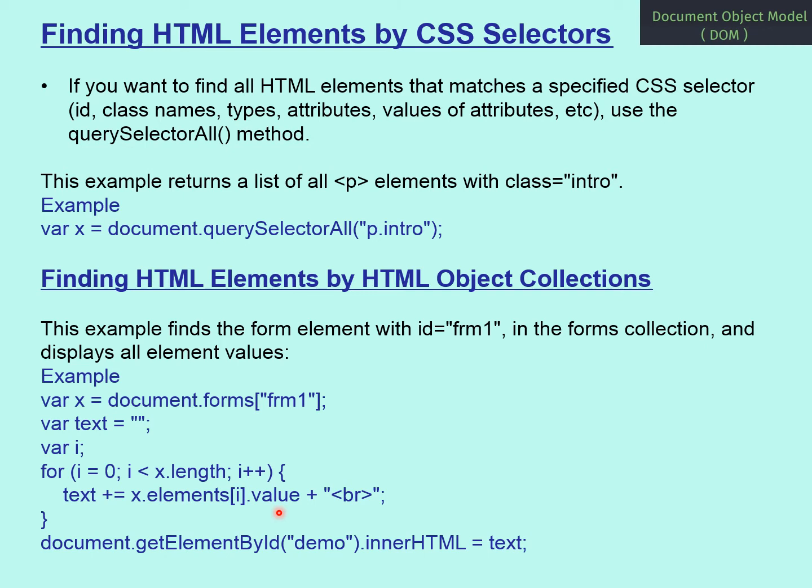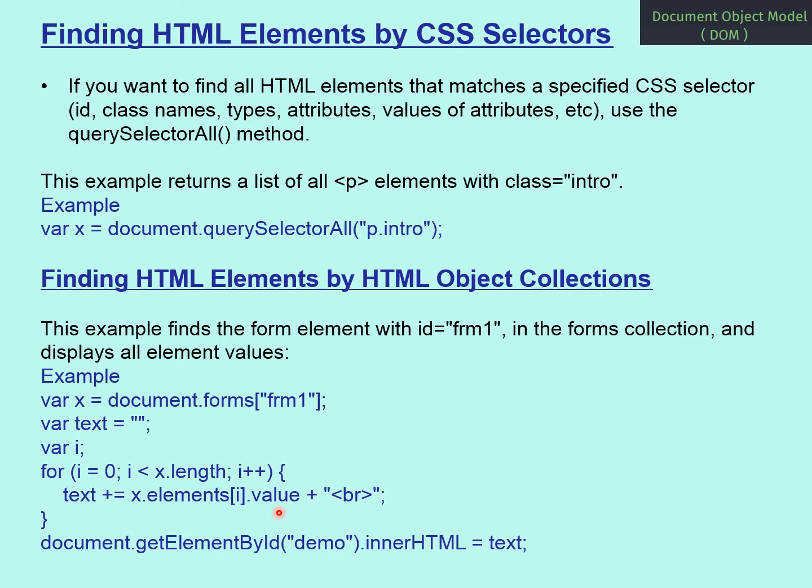So these two methods, finding HTML elements by CSS selectors and finding HTML elements by HTML object collections, are used for accessing the data from the different HTML elements. So we already studied getElementsByTagName and getElementsByClassName.